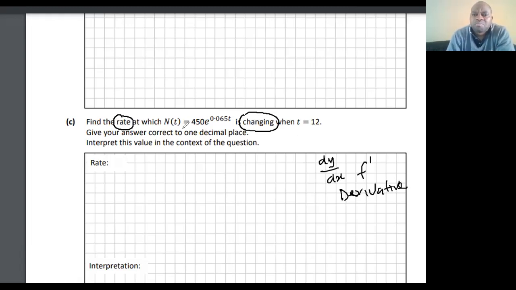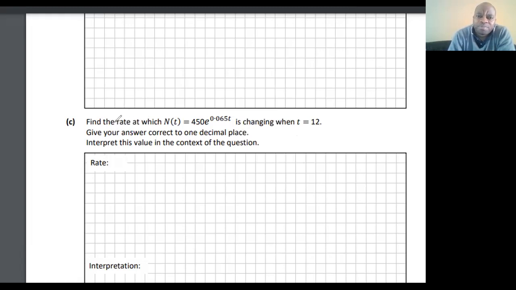So if you quickly know that you have to differentiate, watch out for some word in your question. Rate of change. Rate at which something is changing is differentiation. So you need to just differentiate this guy. 450 exponential 0.065t. If you differentiate this guy, don't forget this power will come to the front and multiply that 0.065.